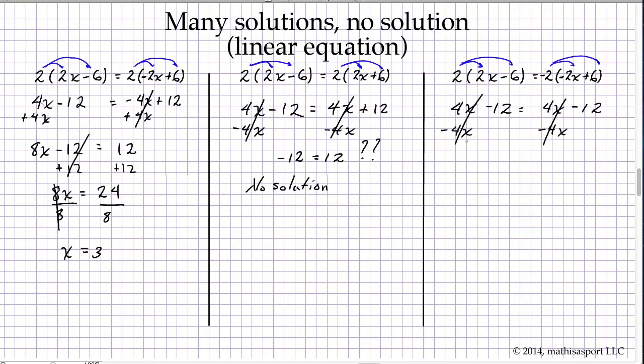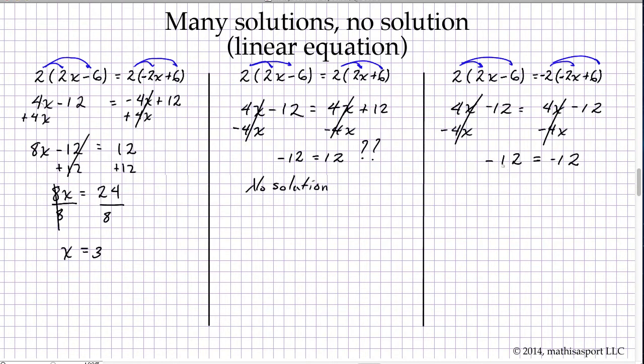Once again, something unusual has happened. The x's have been removed from the equation. But unlike in the last situation, where we get something that seemed like nonsense, namely negative 12 equals 12, here we simply get the statement negative 12 equals negative 12.